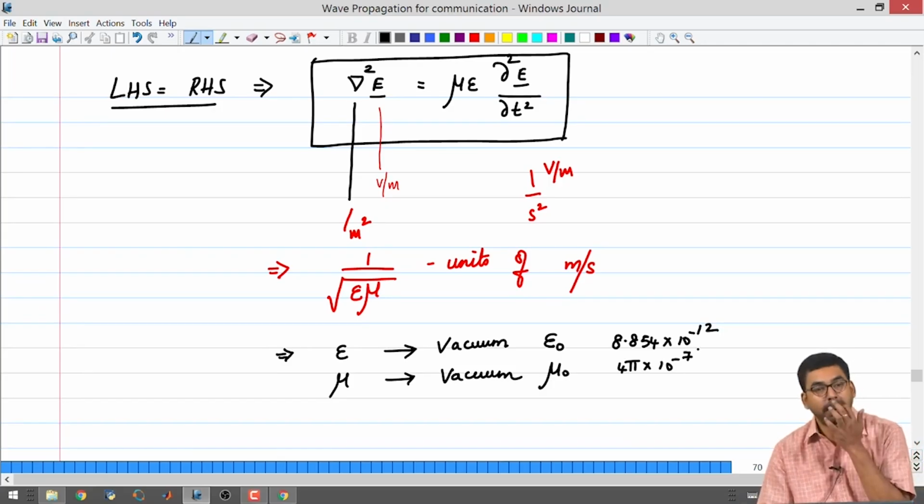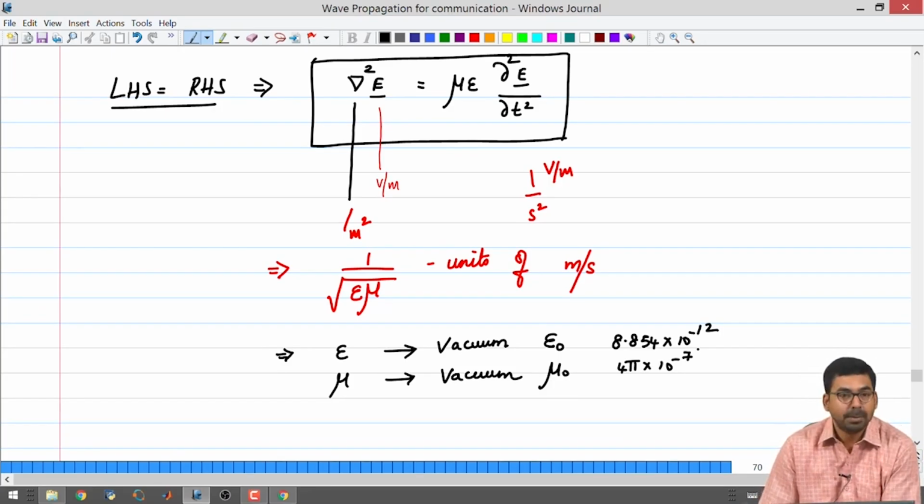In SI units, the values will be 8.854 times 10 to the negative 12 and 4 pi times 10 to the negative 7. And you can always calculate 1 by square root of epsilon mu, and it will turn out to be a finite velocity, approximately 3 times 10 to the power 8 meters per second.